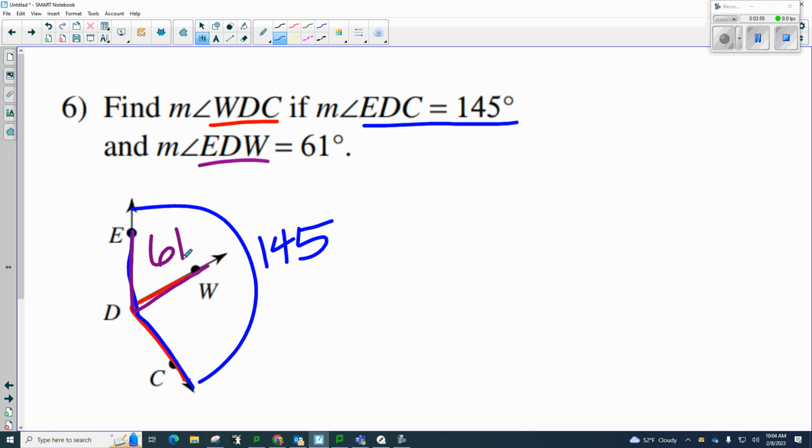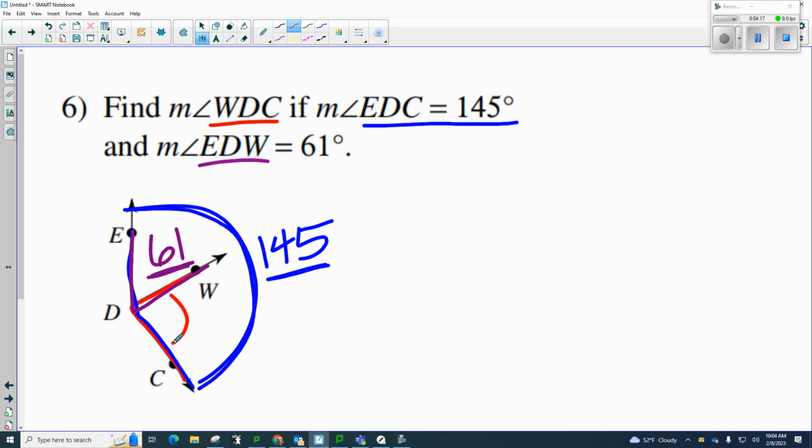This one's interesting. Remember, with adjacent angles, the two smaller angles add up to give us the whole big angle. But this time, we know the total. The whole big angle is 145, and one of the angles is 61. So how do we find this one?